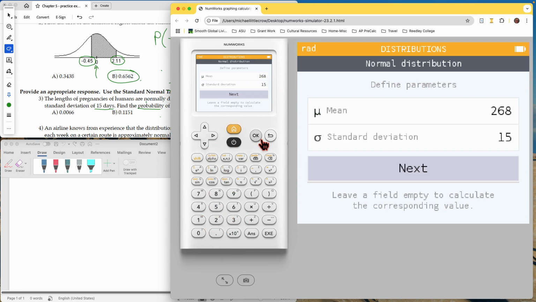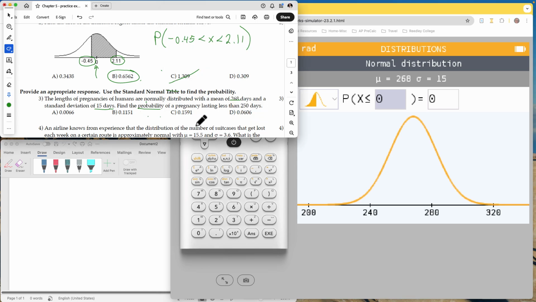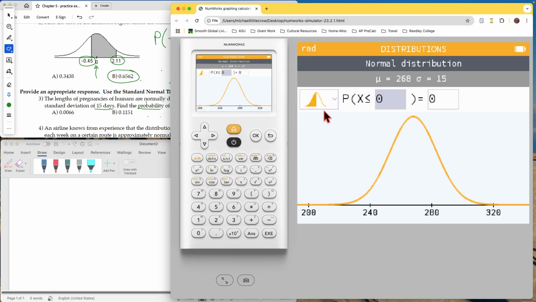Now we're not working with z-scores. We've got actual measurements, the number of days a pregnancy lasts. Lasting less than 250 days means 250 is the big number, so we're looking at x less than 250. Our setup will look like this: we want the less than side, which the calculator defaults to.